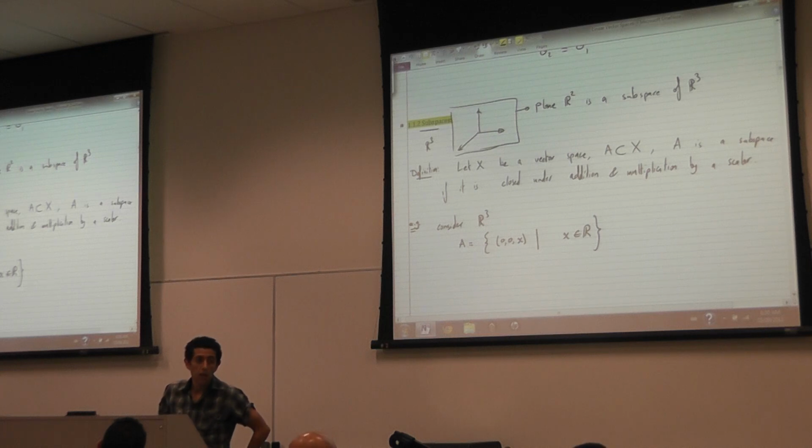This set A contains all the points along the z-axis. Any two points along the z-axis, any two numbers that have coordinates 0, 0, and a real number, if you add them together, you're still on the same axis. So that's why this is a subspace of R3.